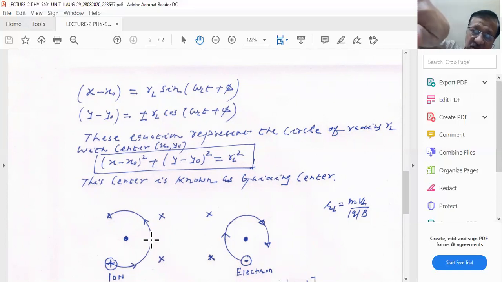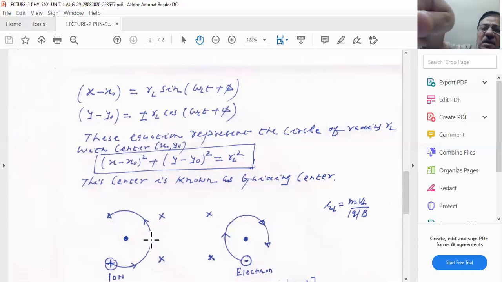I cannot show it, but keep your thumb along the z direction. The curvature of the fingers indicates the direction of gyration. Dear friend, please try to understand. I am keeping my thumb along the z direction.